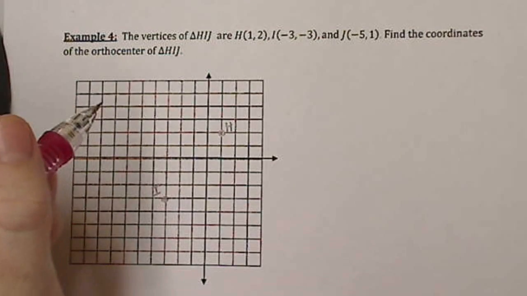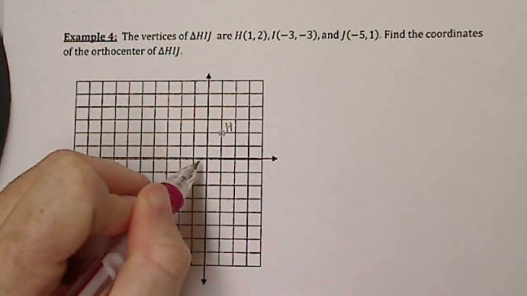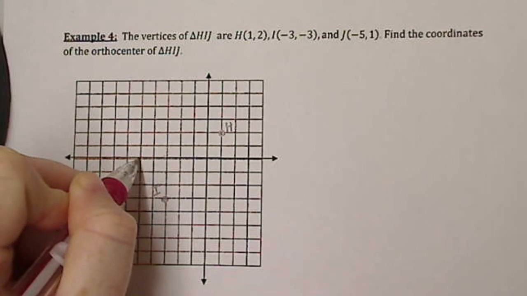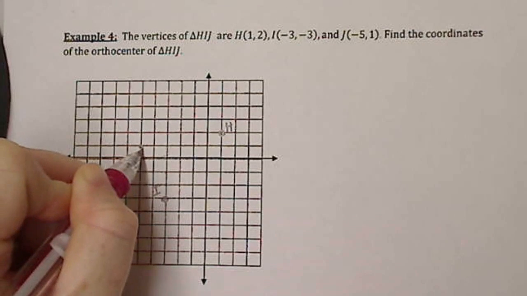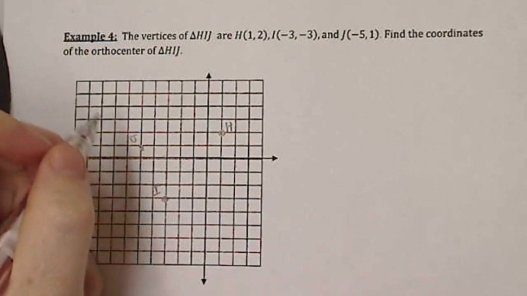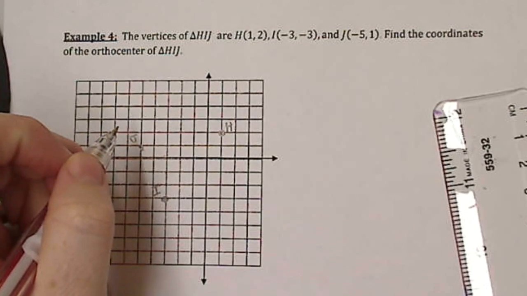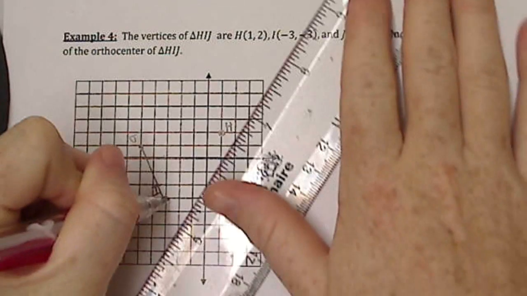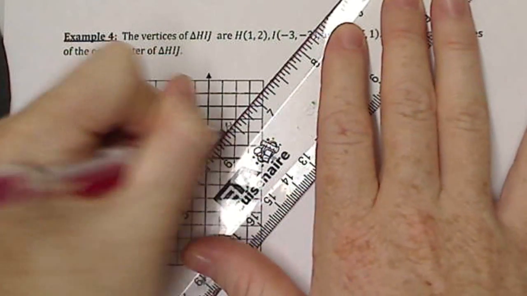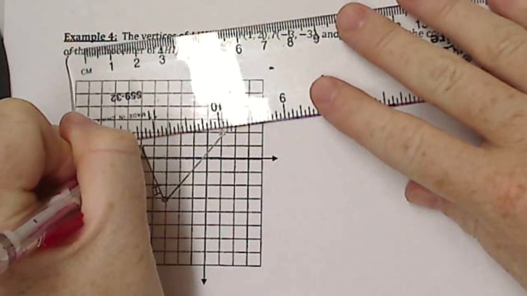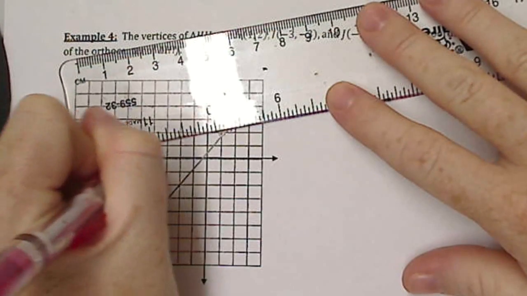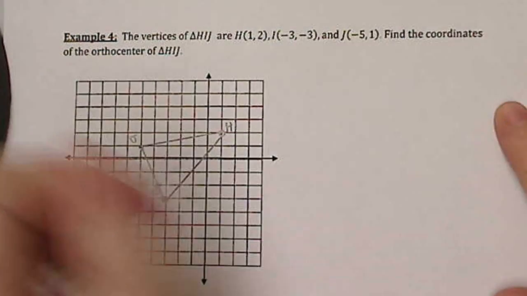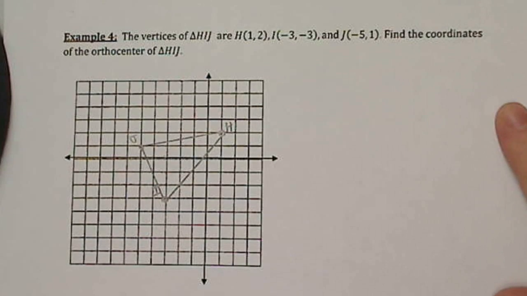And J is at -5, 1. Use a ruler to connect your lines. Okay, you have that nice, lovely little triangle.